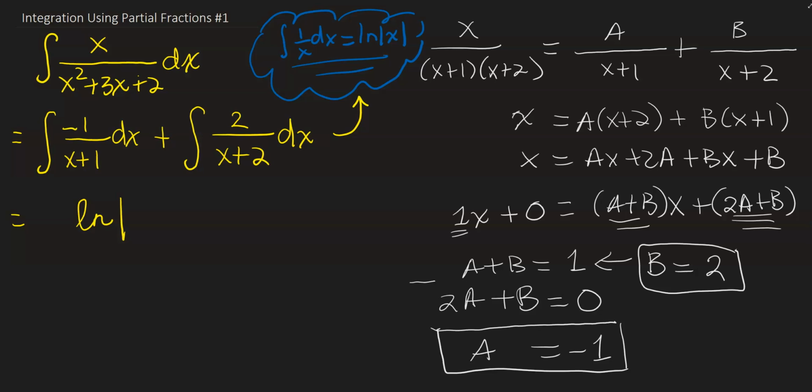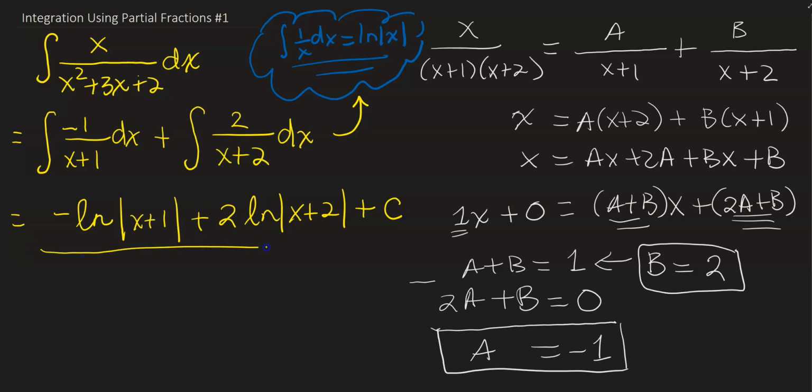You can just write negative ln of x plus 1 plus 2 ln of x plus 2, and don't forget plus c, and that is the final answer to our problem, right?